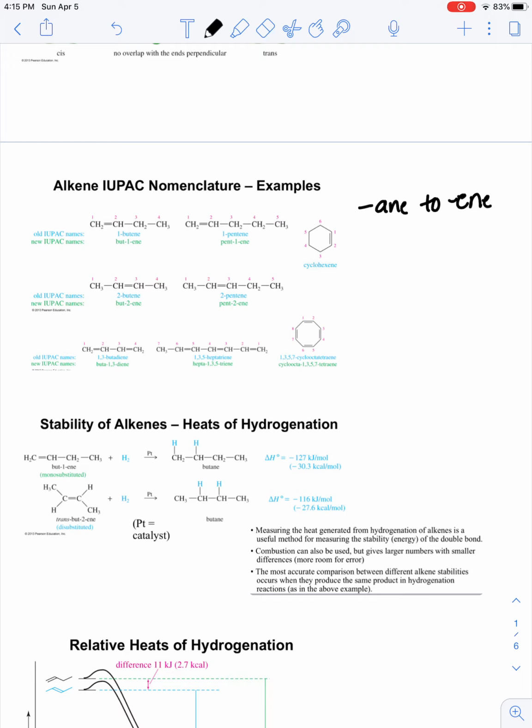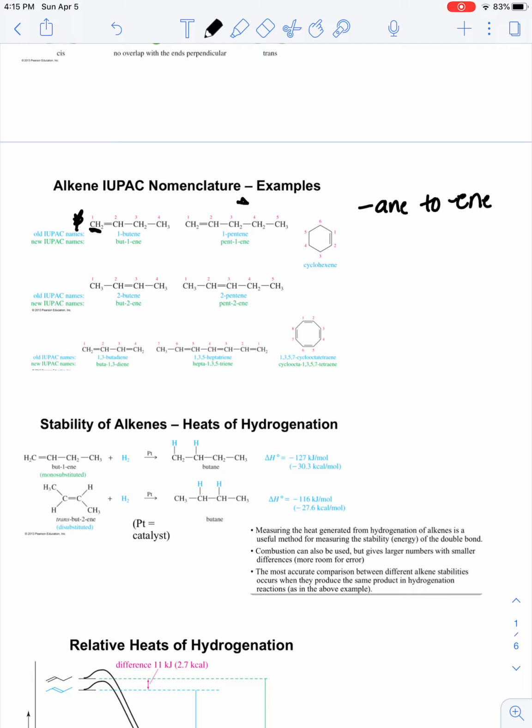With the old IUPAC names, if we're looking at this first example right here, we have a 4 carbon chain system. So we know that we would use the root name butane. However, we do have a double bond, so we're going to change that ANE to an ENE. Our double bond starts at the 1 position, so we will call this either 1-butene or but-1-ene.